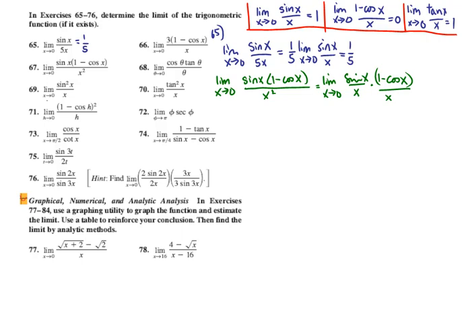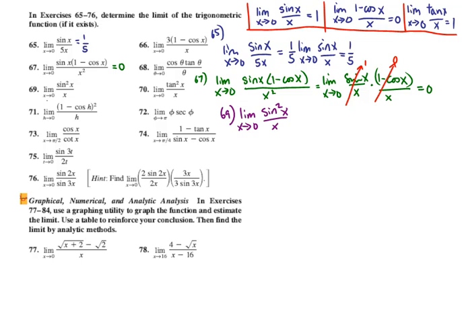The limit as x approaches 0 of sine x over x is 1. The limit as x approaches 0 of 1 minus cosine x over x, as seen above, is 0. And so the product of the two is 0. And that's our limit.